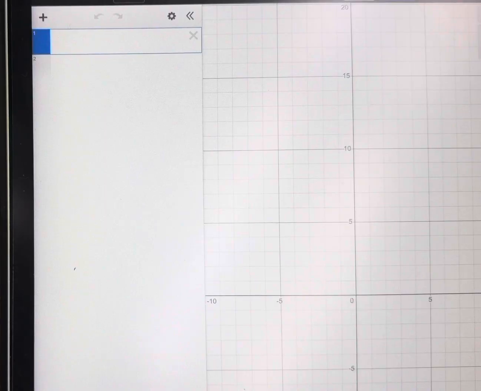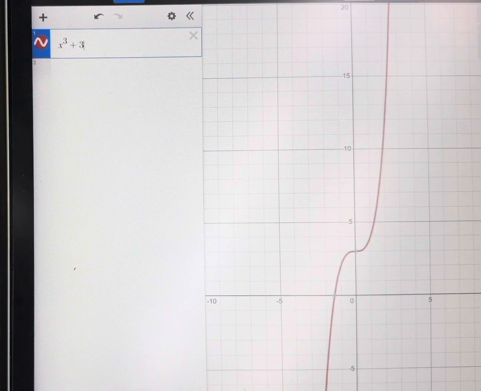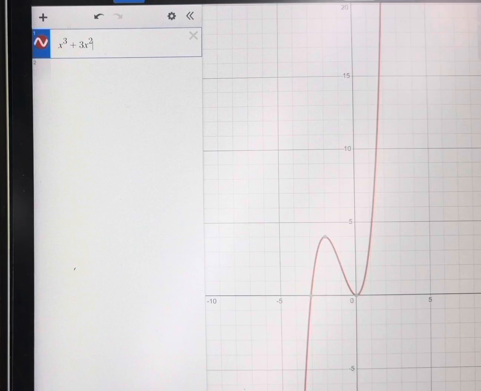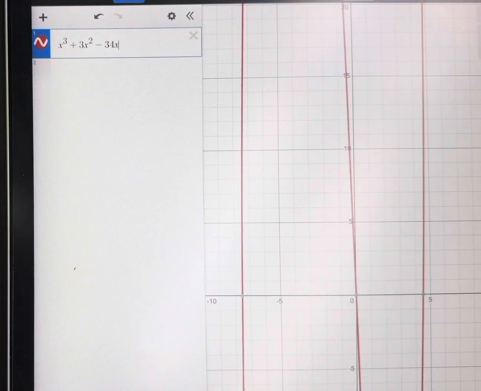which is x to the third plus 3x squared minus 34x plus 48.